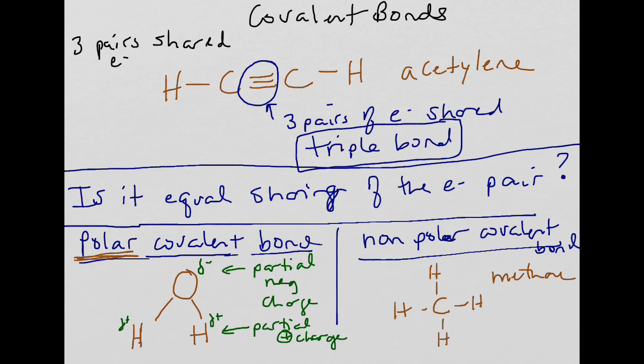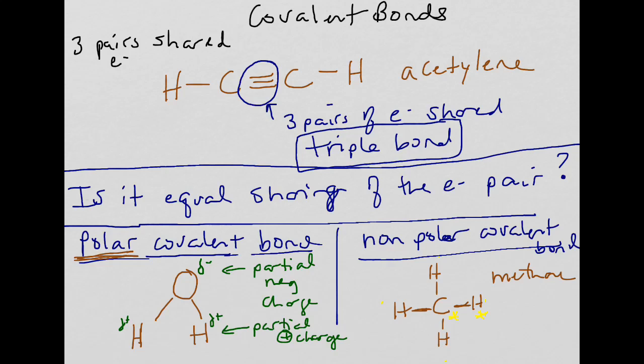And with methane, these bonds between the carbon and the hydrogen, these single covalent bonds, these have equal pulling strength. So these hydrogens are pulling on that carbon in the same amount of strength that the carbon is pulling on the electrons. Okay, so those are equal sharing.